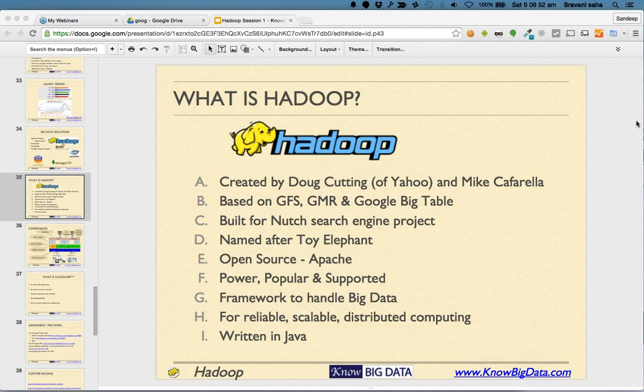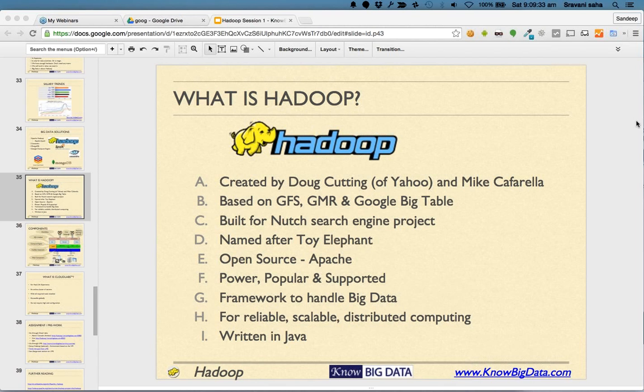Distributed means utilizing many computers to do the computing. These were the premise of Hadoop, so all components under the Hadoop umbrella are reliable, scalable, and distributed. Effectively, it is a framework to handle big data, because those are exactly the definition of any big data tool.